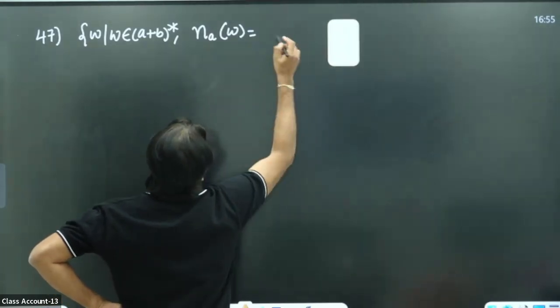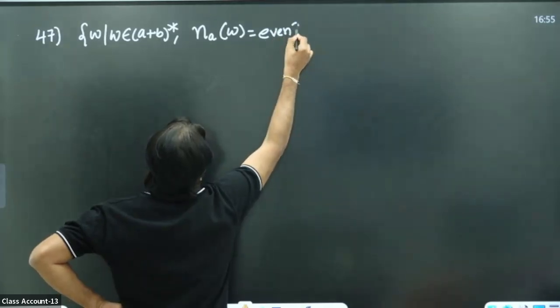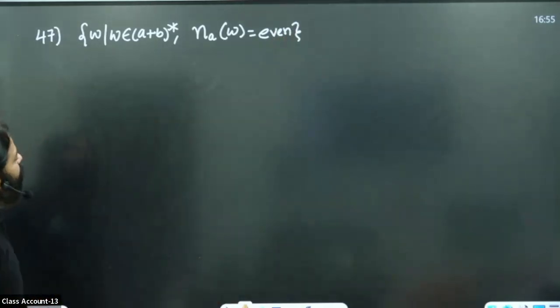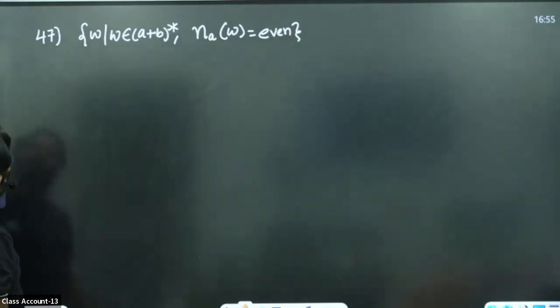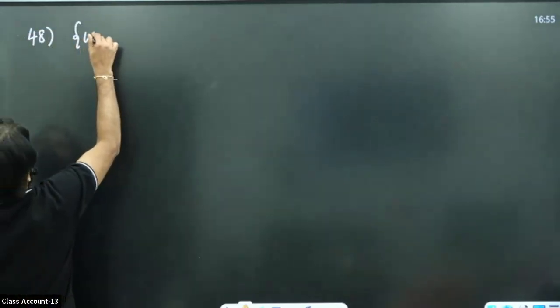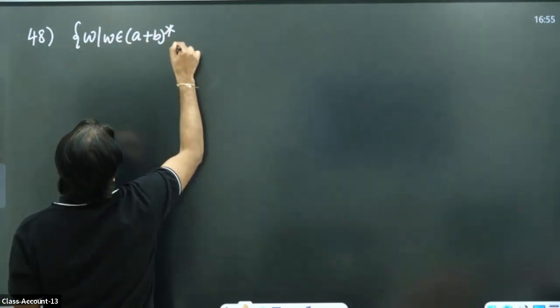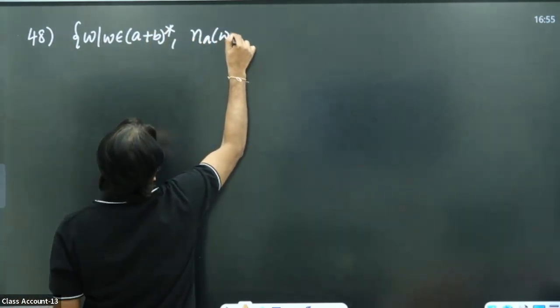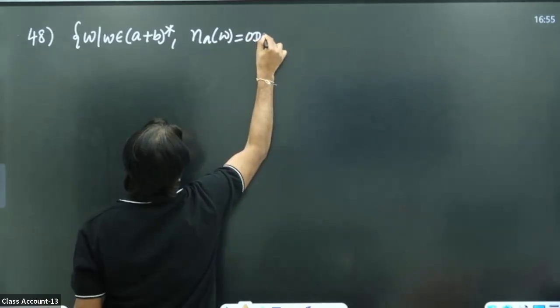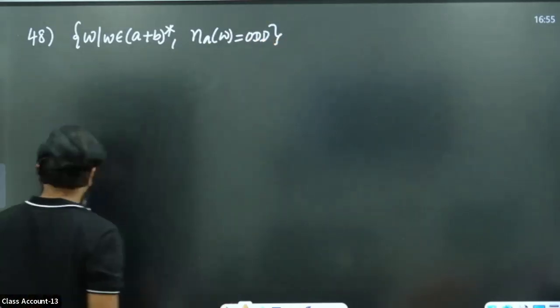First we'll try even. Okay, 47 even. Number of A's is odd. Similarly, number of B's.